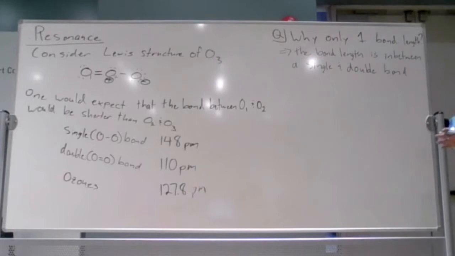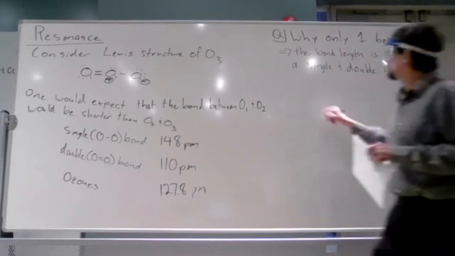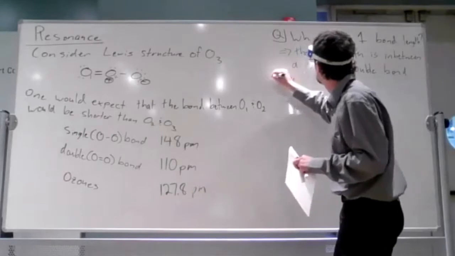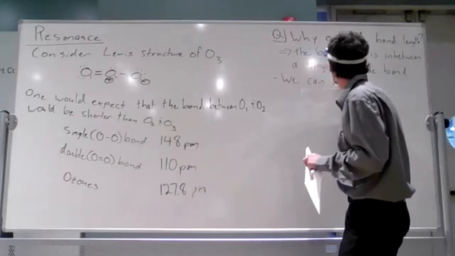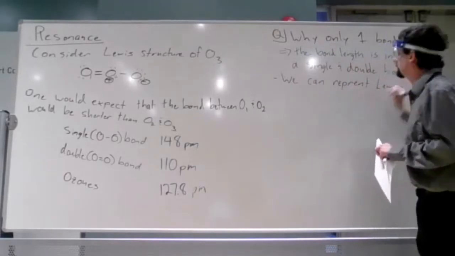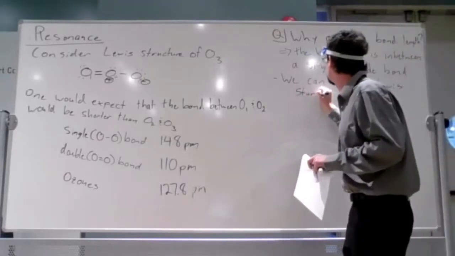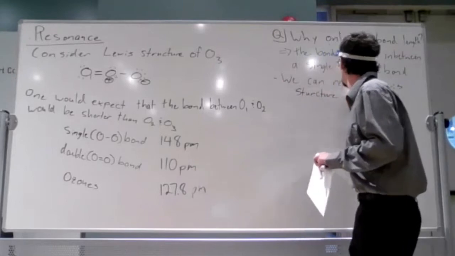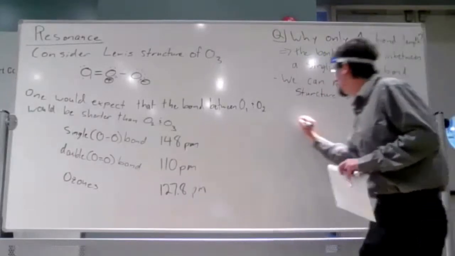What's going on here? Well, we can represent ozone with two different structures. We can represent the Lewis structure two ways. So we have our first way.